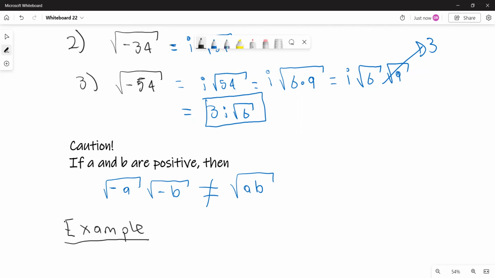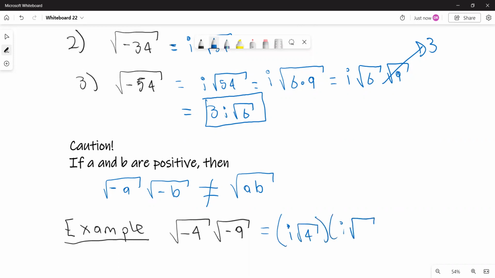Let's say you want to multiply the square root of negative 4 times the square root of negative 9. We cannot combine this as the square root of 4 times 9. This is instead i times the square root of 4 times i times the square root of 9, or 2i times 3i.